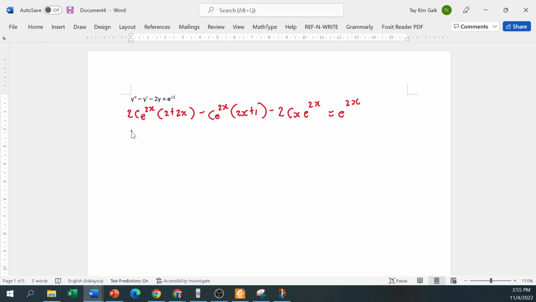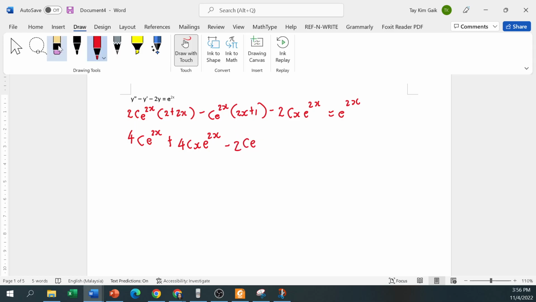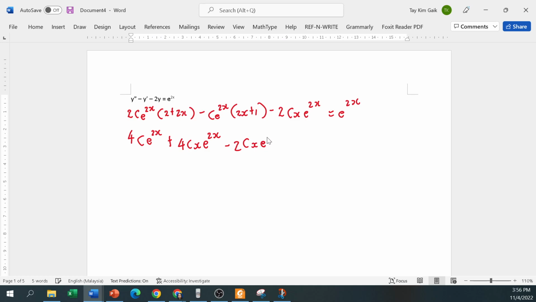So total this will be 4c exponent 2x plus 4cx exponent 2x, minus 2cx exponent 2x minus c exponent 2x, minus 2cx exponent 2x equal to exponent 2x.